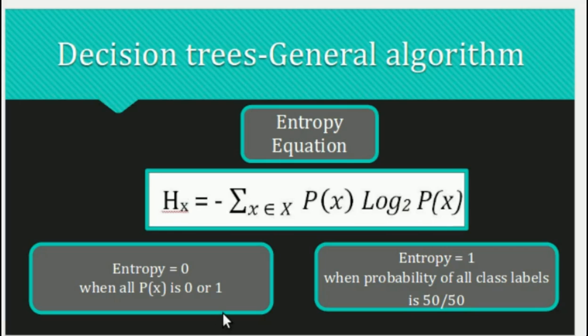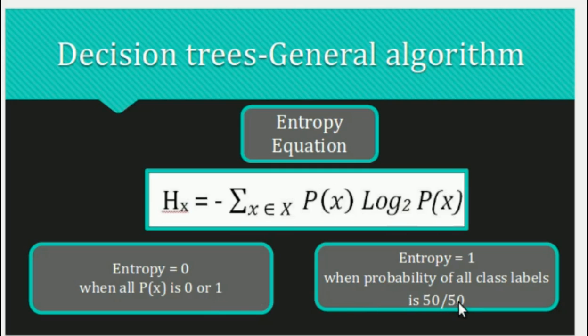In case of binary classification, true or false, H(X) is 0 when P(x), the probability of each label x, is either 0 or 1.